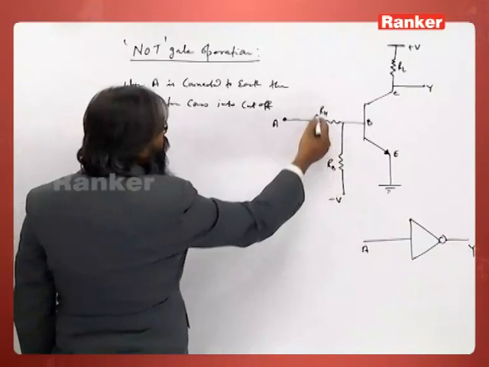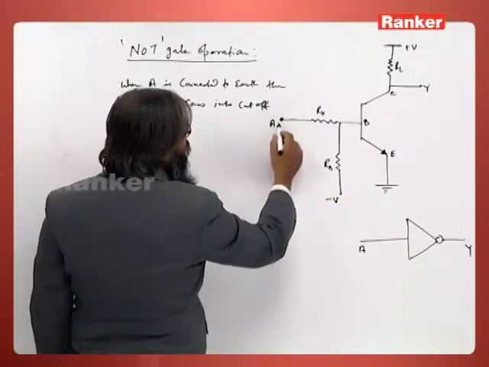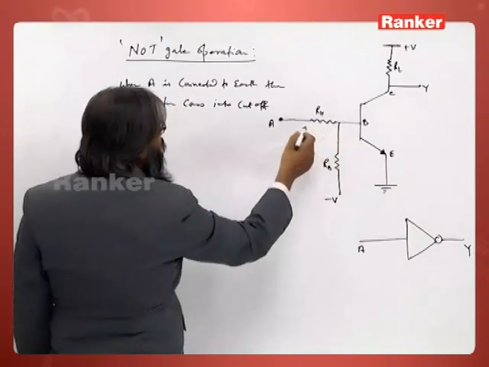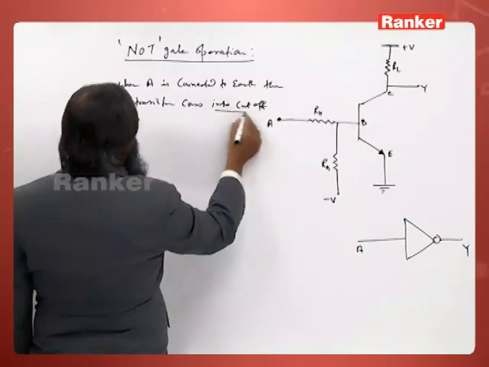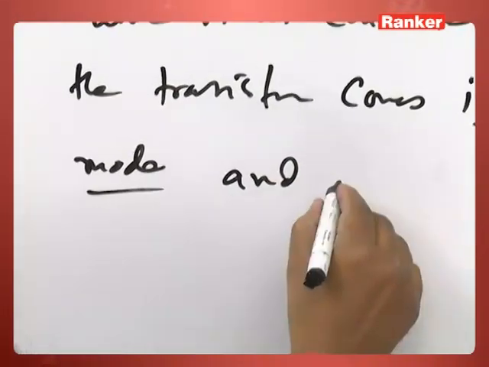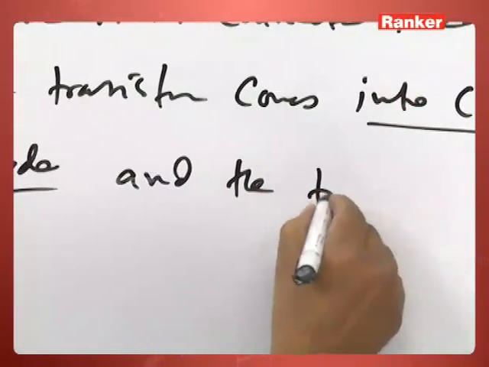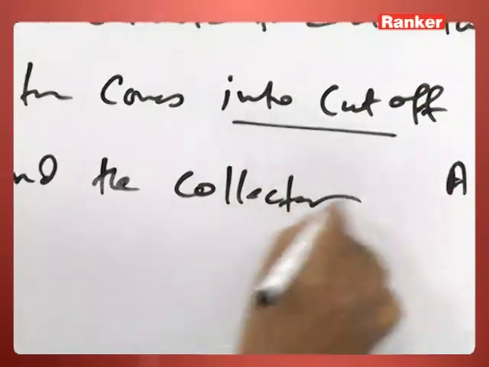These values are so selected that when A is earthed, meaning 0 potential is applied, the base-emitter junction gets reverse biased and so the transistor is in cutoff mode, and the collector current is 0.